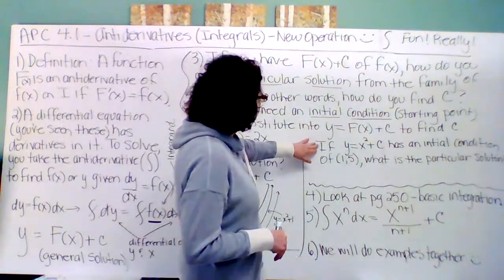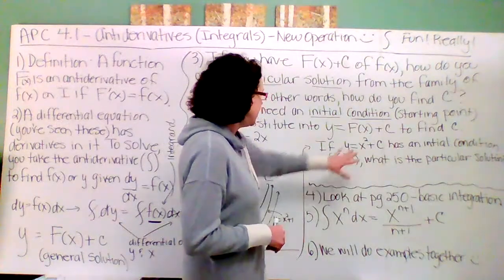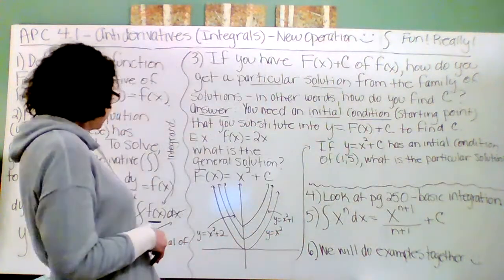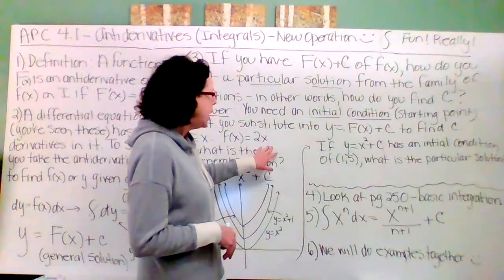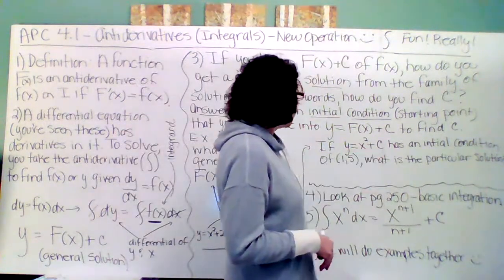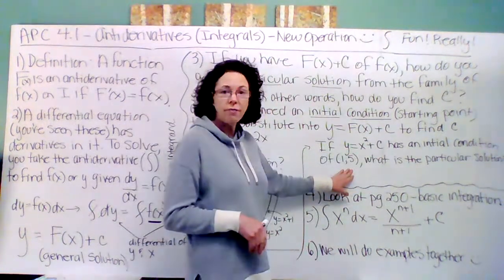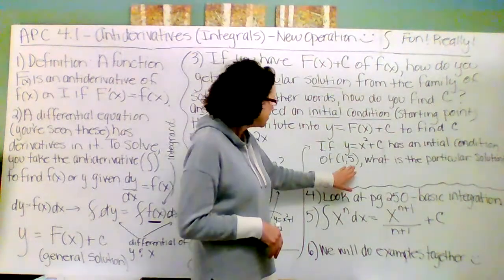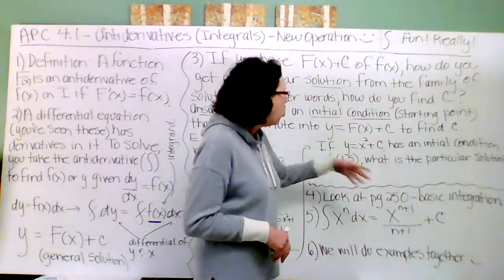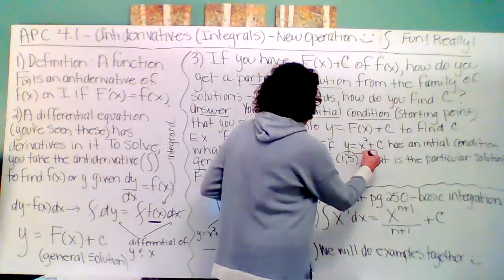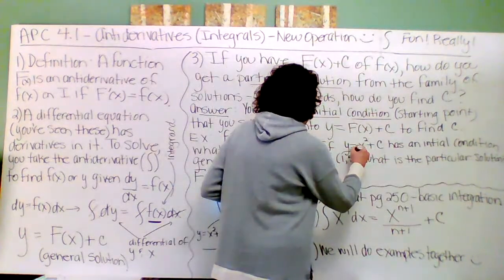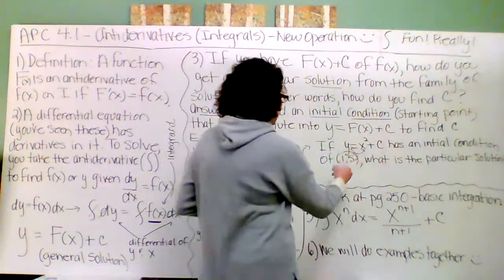So if you have y equals x squared plus c, that was our integrated function that we got when we integrated f of x equals 2x. If this function has an initial condition of (1, 5), in other words, this point lies on this graph, what is the particular solution? So here's our x, here's our y, and we solve for the c.